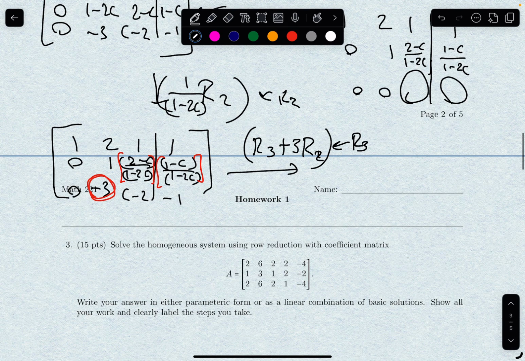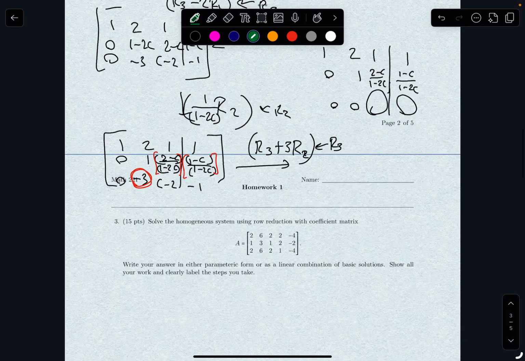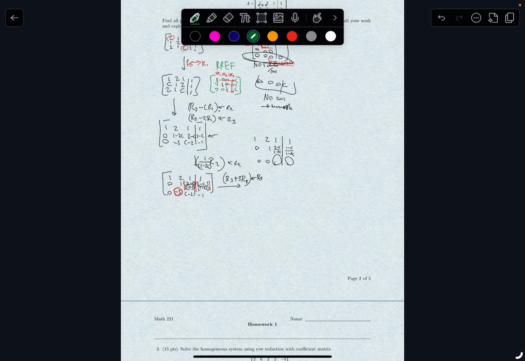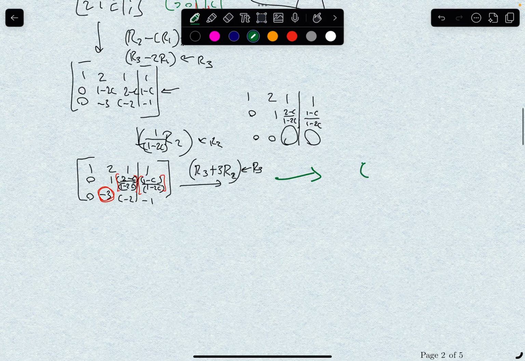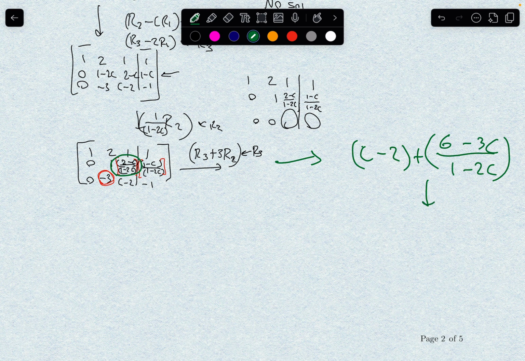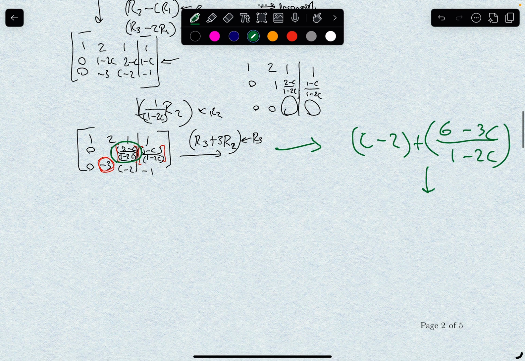The idea is that you should be left with the following. Let's just get some room to solve this here. You're going to end up with c minus 2, and that's going to be c minus 2 plus 3 times this up here, right? So that would just be (6 minus 3c) over (1 minus 2c). And that should factor out, if you multiply this 1 minus 2c out, right?